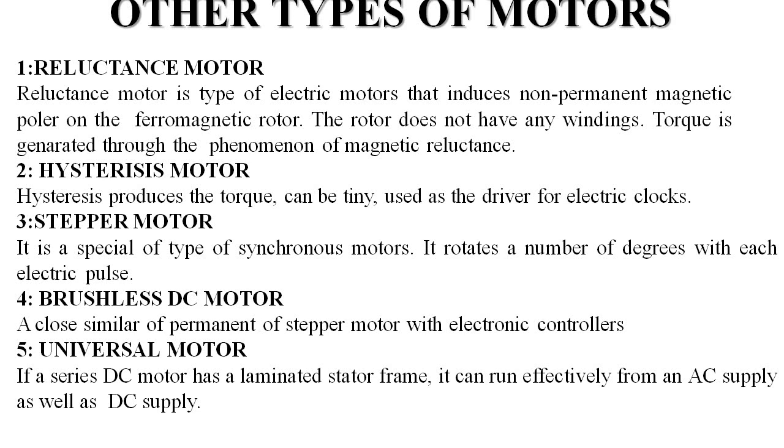Torque is generated through the phenomenon of magnetic reluctance. Then the hysteresis motor is another type. The torque it produces can be tiny, so it is used in applications where very small torque is required, for example as a driver for electric clocks.